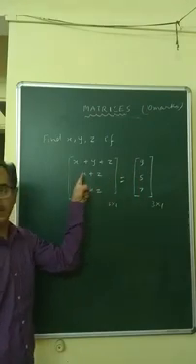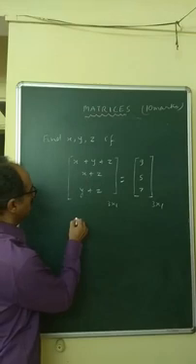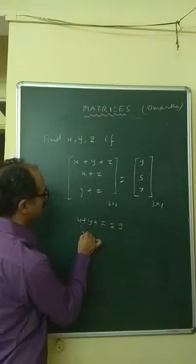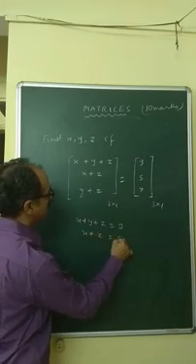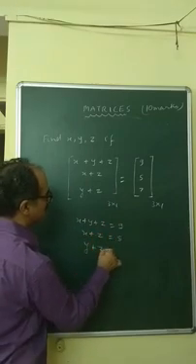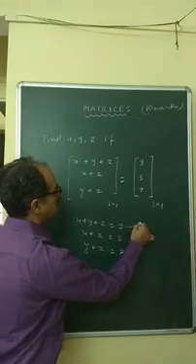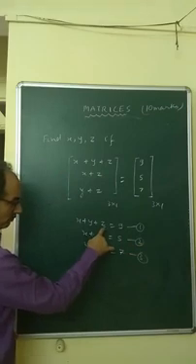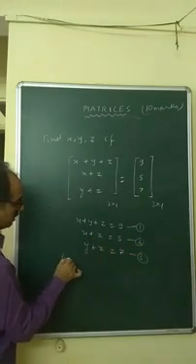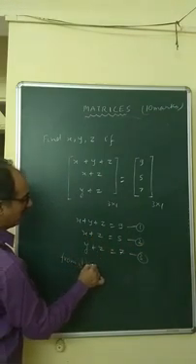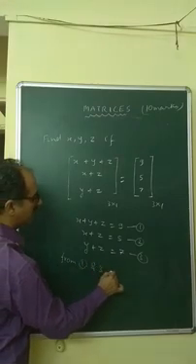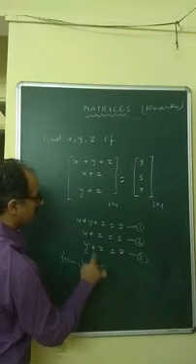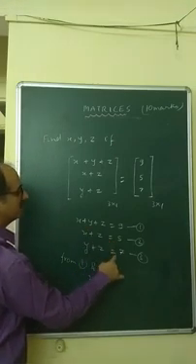Now you can equate their corresponding elements. X plus Y plus Z equals 9, X plus Z equals 5, Y plus Z equals 7. 1, 2 and 3. Now if you solve first and third, what you will get? X plus Y plus Z, what is Y plus Z? 7.